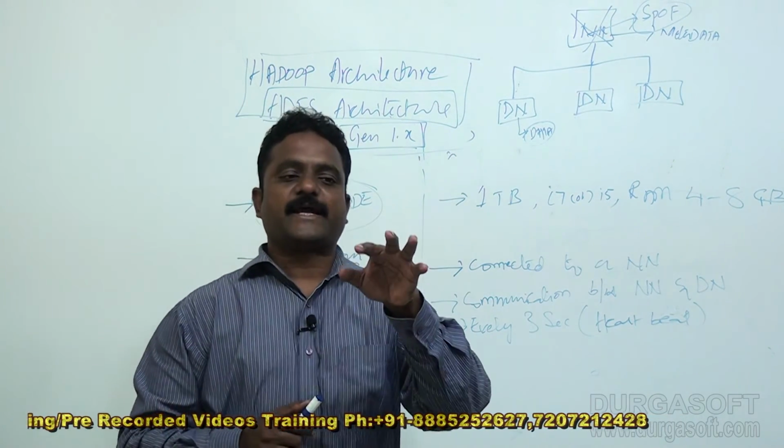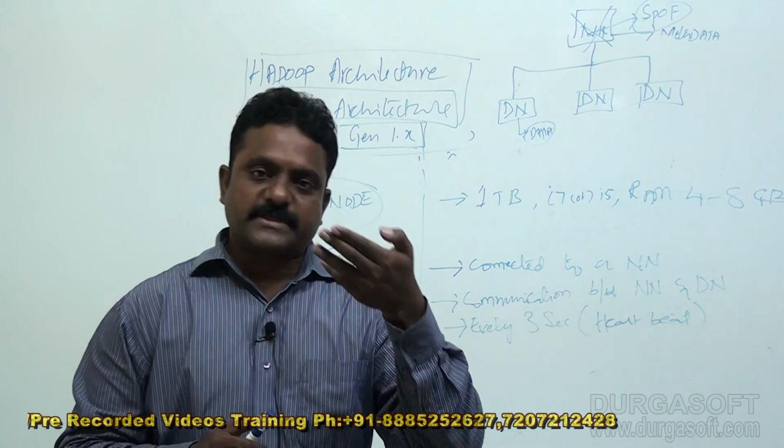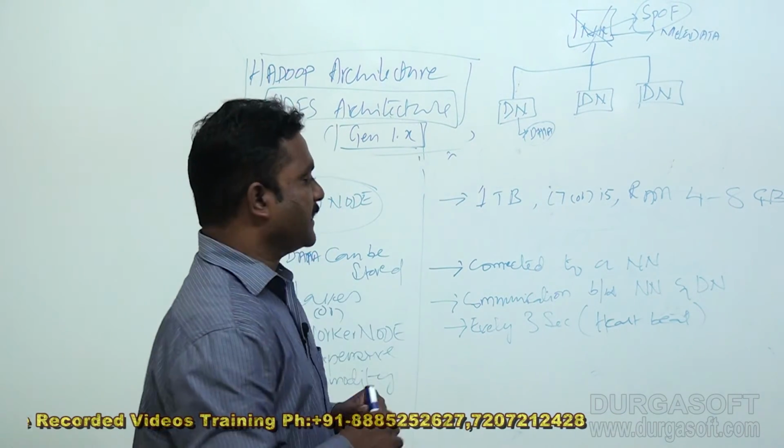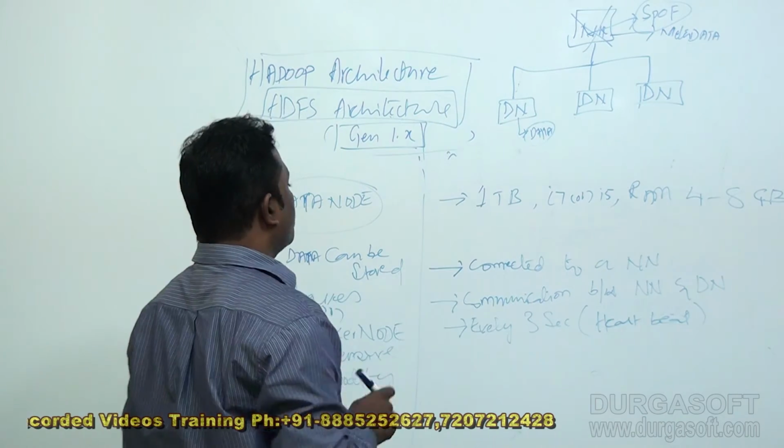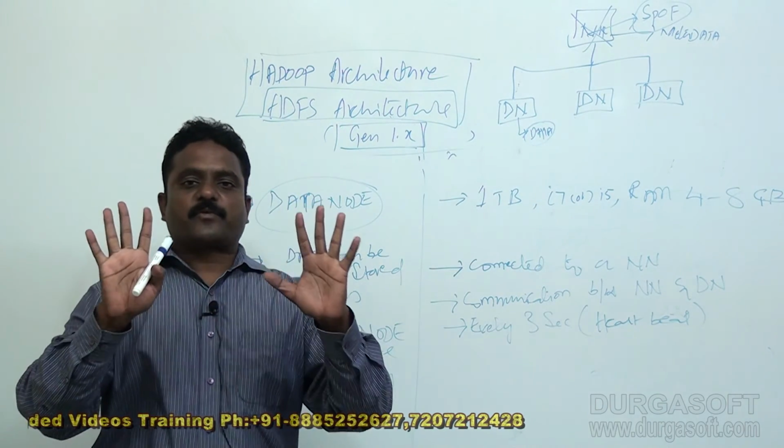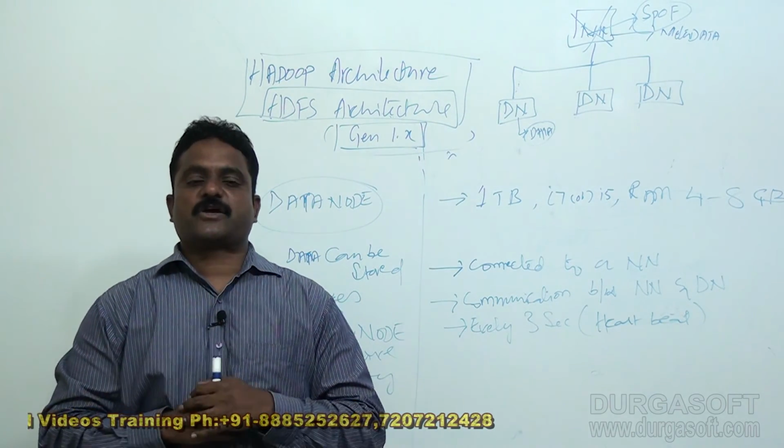How the data is stored and how the processing is done, we will be looking at. Overall in the Hadoop architecture, we have 5 processes running in the 1.x version of Hadoop.